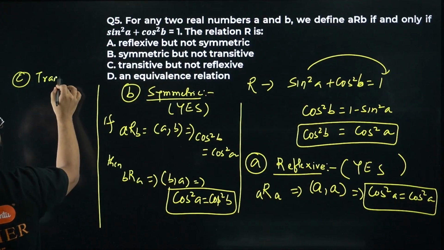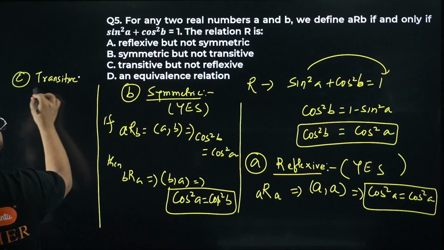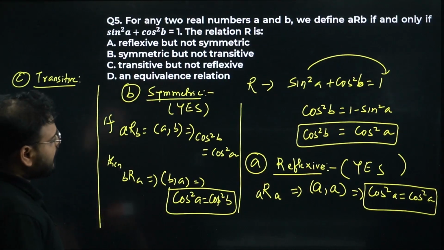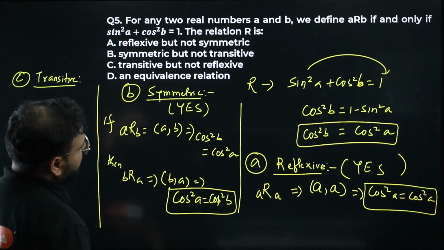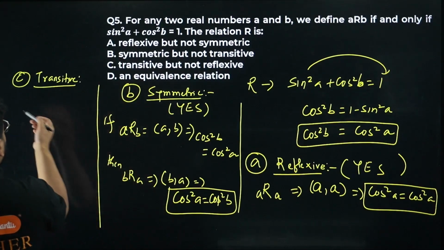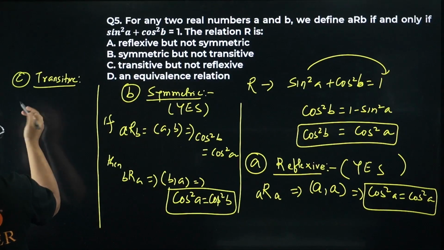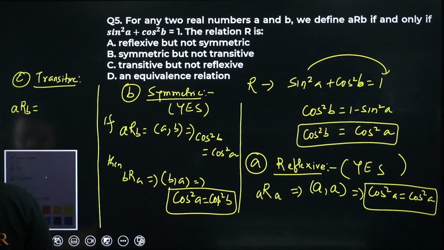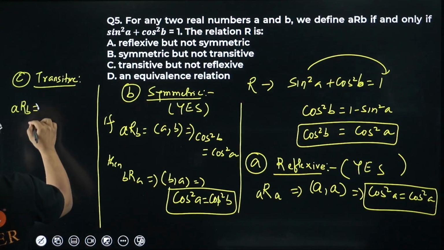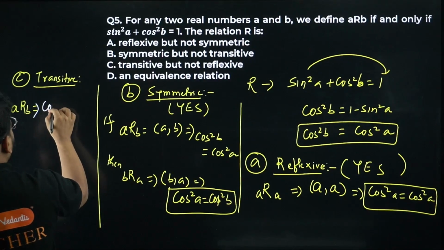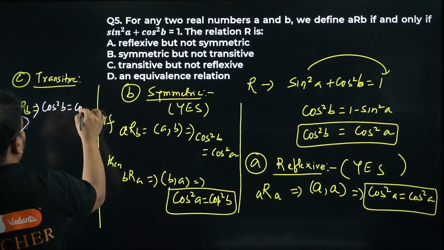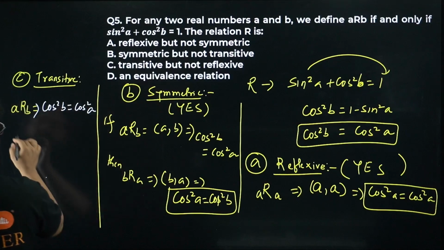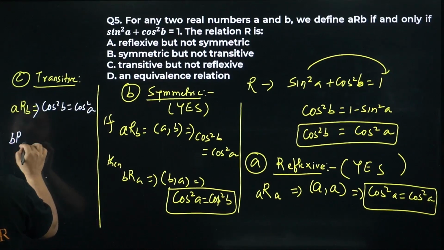Last one is transitive. Please check carefully. For the transitive relation, let's say I have ARB. ARB means cos square B equals cos square A. Then we write here BRC.